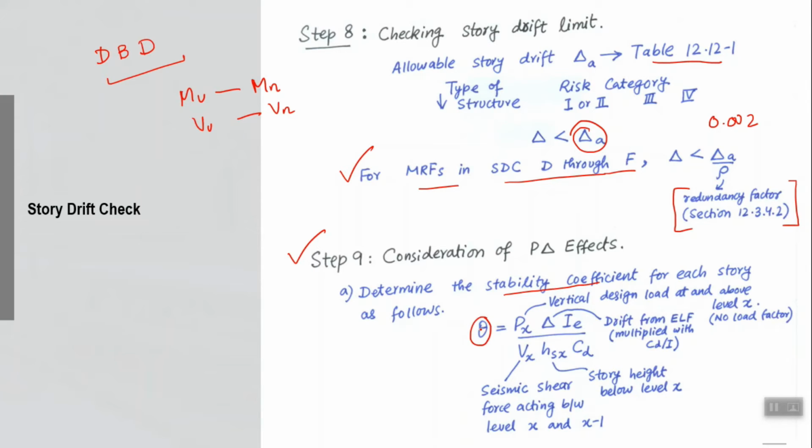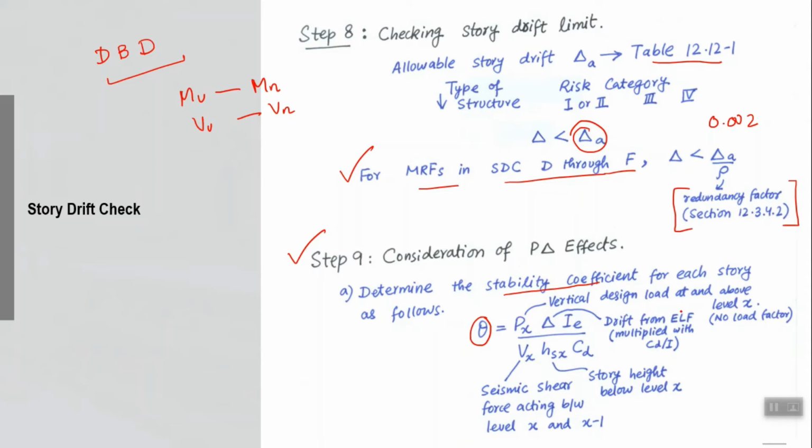For each story you will determine this value, stability coefficient. This will tell you whether you need to include P delta effect or not, right? So the expression for calculating this stability coefficient involves the vertical design load at and above that particular story for which you are calculating that theta.